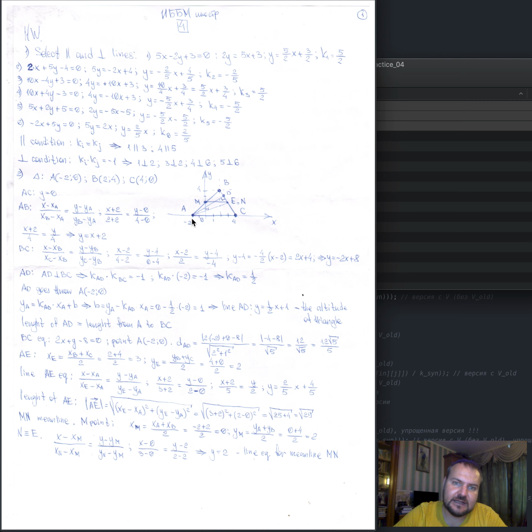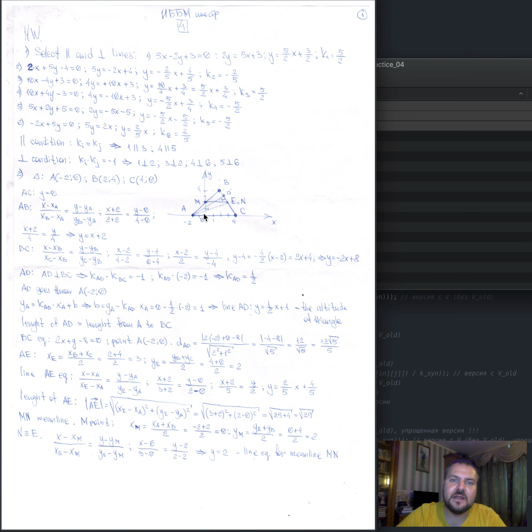By the perpendicular condition, the k slope value for AD multiplied by the k slope value for BC equals minus 1. The BC value we know, it is minus 2, and so we find that k_AD would be equal to 1 by 2.